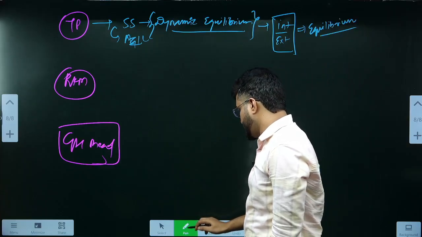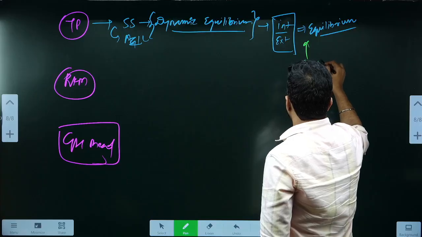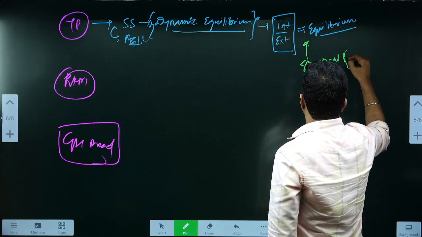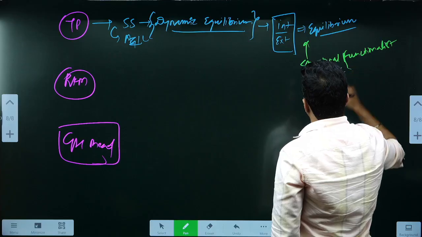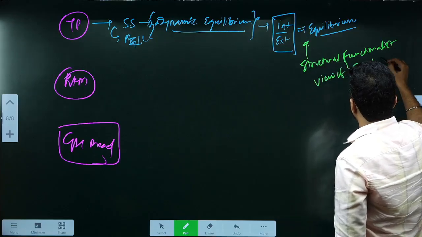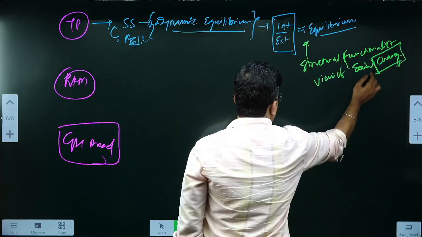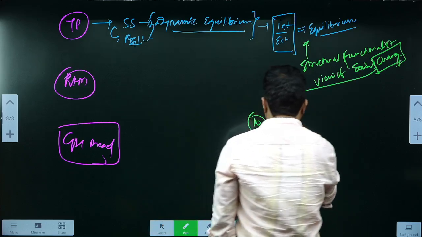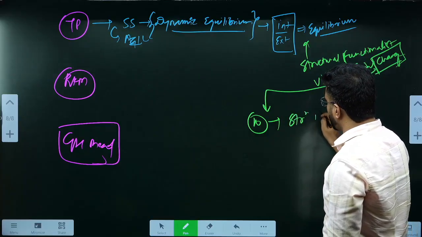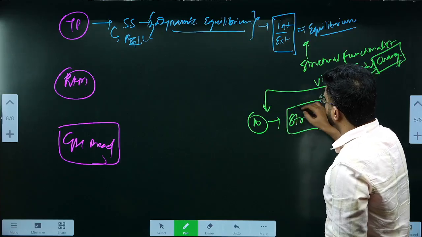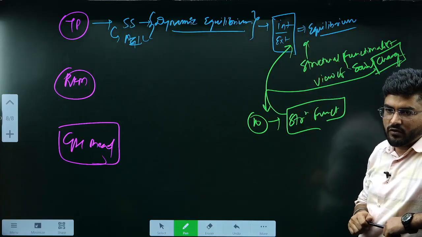This is nothing but the structural functionalist view of social change. As the name is social change, this will become part of your chapter 10, social change in modern society. Whenever you are reading about the structural functionalist view of social change, that view is nothing but this dynamic equilibrium view, which you have already covered in your chapter 4, Talcott Parsons.